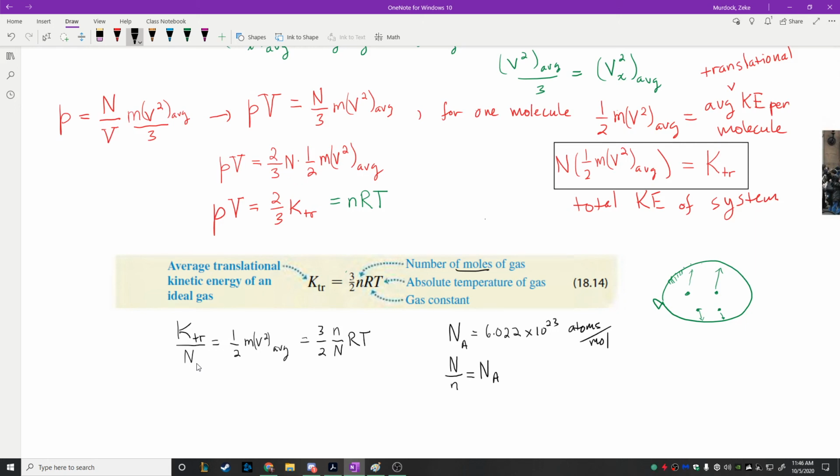And since we have little n over big N upside down, Avogadro's number is going to appear in the denominator. So now our equation becomes 1/2 mass times v squared average is equal to 3 times R times T divided by Avogadro's number.